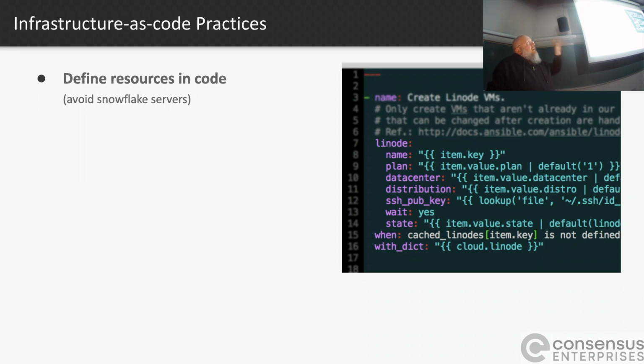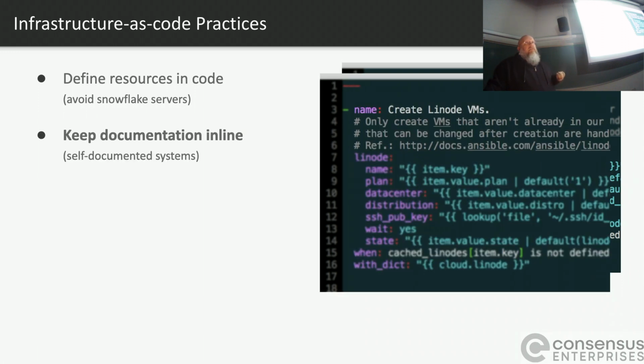So the point is that you want to be able to define the infrastructure that you have in code, and then that allows you to do things like document it inline, right? So instead of having a set of documentation in a wiki somewhere that's talking about the things that you're doing somewhere else, everything is in one place. This is particularly helpful when you're trying to just figure this stuff out. Ansible's principle at the root of what they're trying to do is radical simplicity.